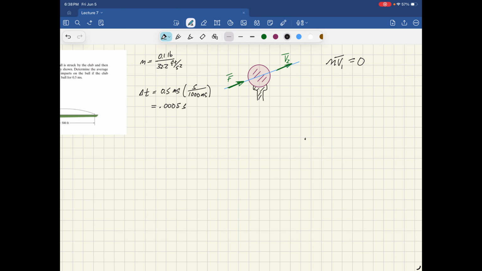We can have m v1 plus the integral of F dt is going to equal m v2, where this term is zero, and we can approximate the impulse by being F times delta T. So we're not going to look at how the force varies through that interval.